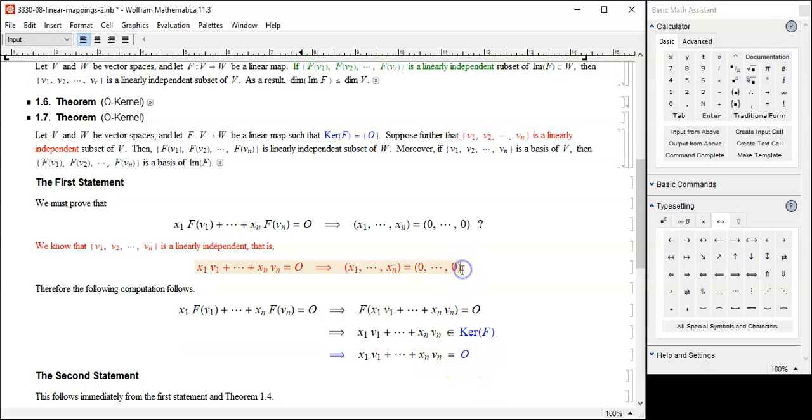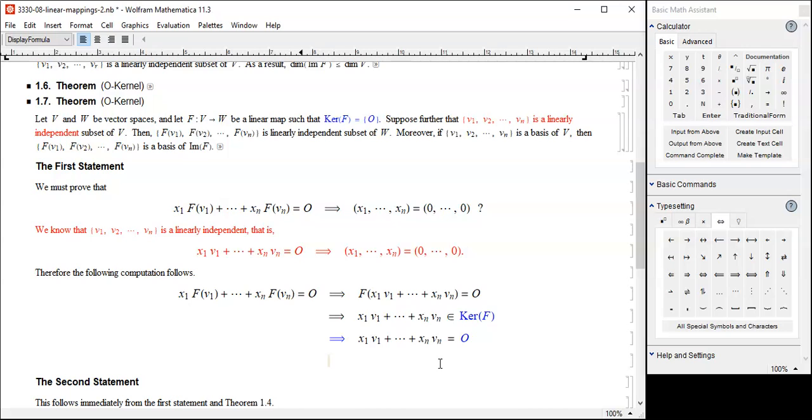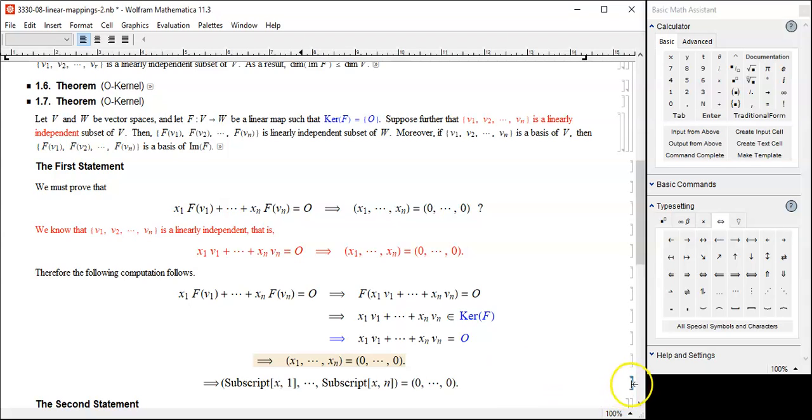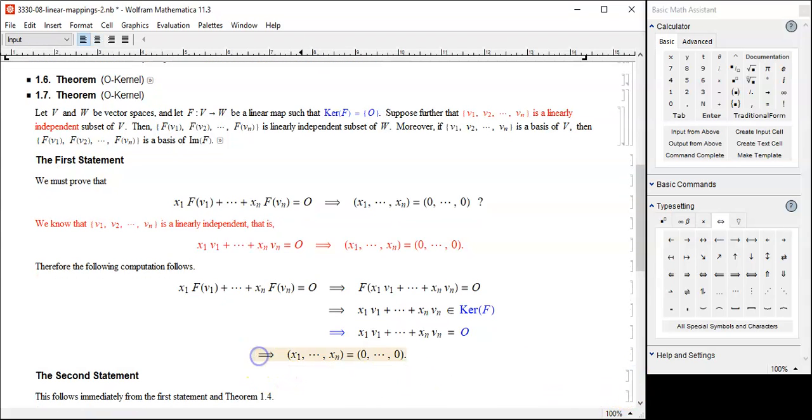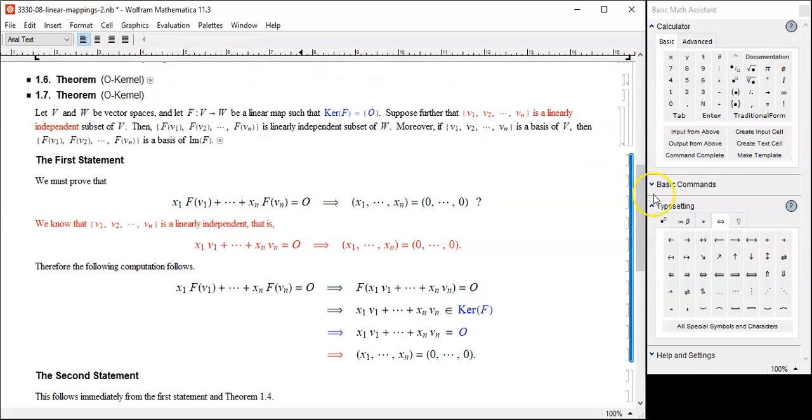Wait a minute, we are right here. So what do we have? All the coefficients must be 0. And this one came from that red condition. And this completes the proof.